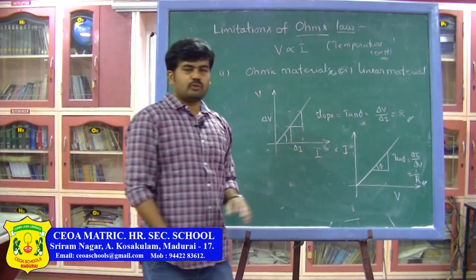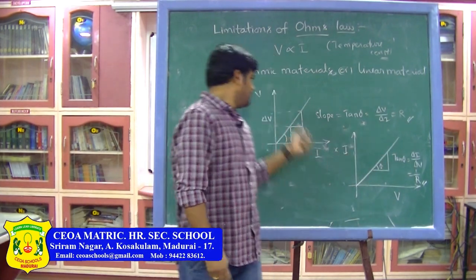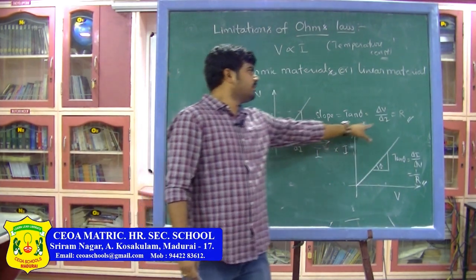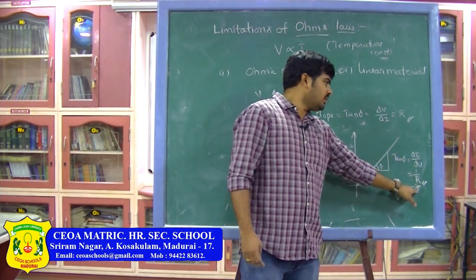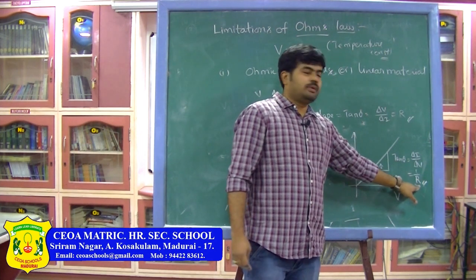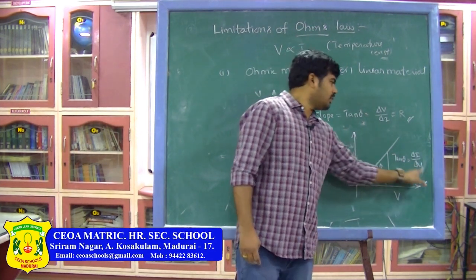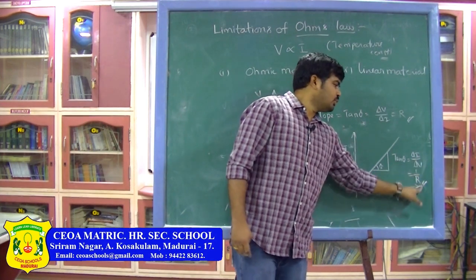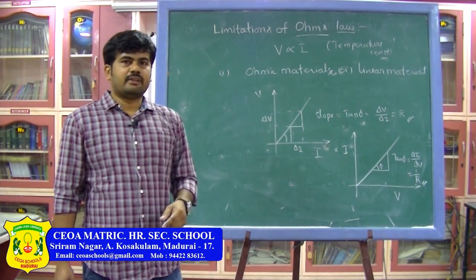Just by finding the slope of that graph, you can find the resistance of the material. If it is a V versus I graph, the slope directly gives you resistance. If it is an I versus V graph, it is the reciprocal of the slope, that is tan theta is equal to 1 by resistance. So R is equal to 1 by tan theta, that is 1 by slope, will give you the resistance of the material for the graph I versus V.